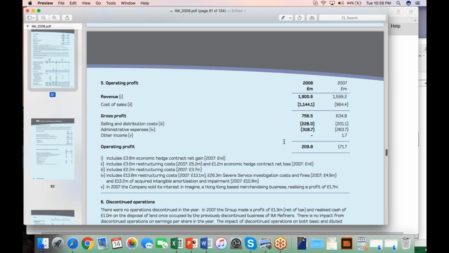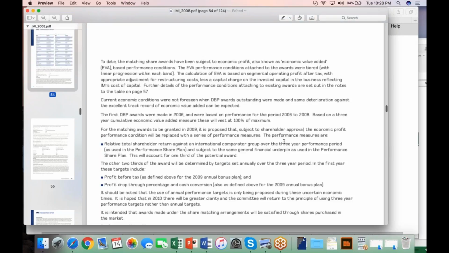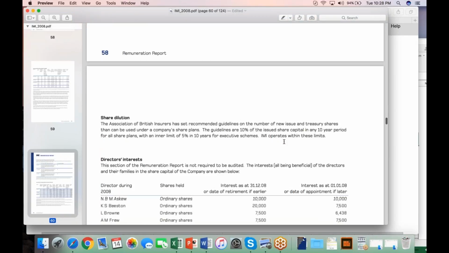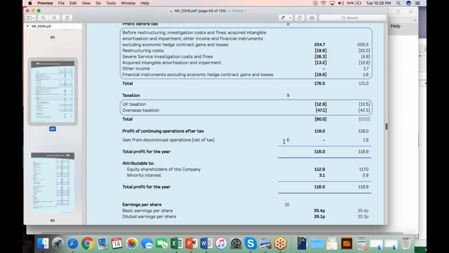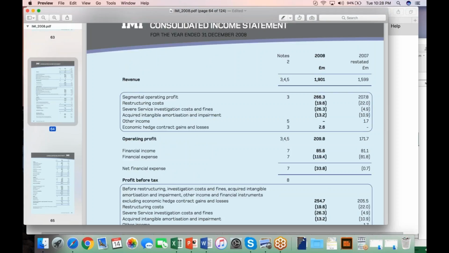You mean from the income statement? Here's the income statement. So she has put in 266.3 plus 2.6, so which is 268.9.